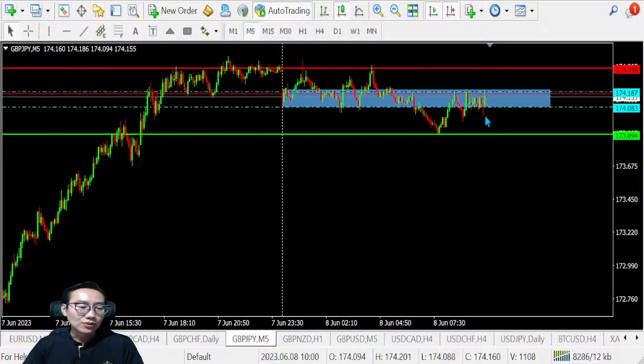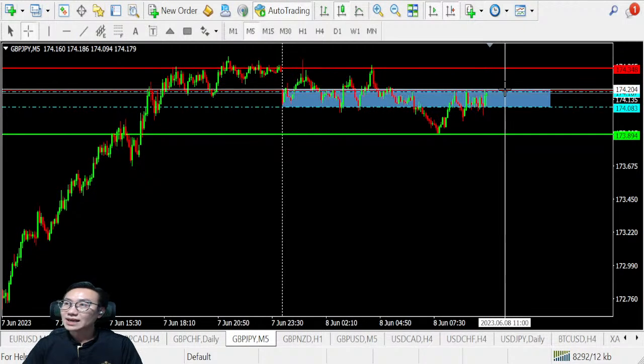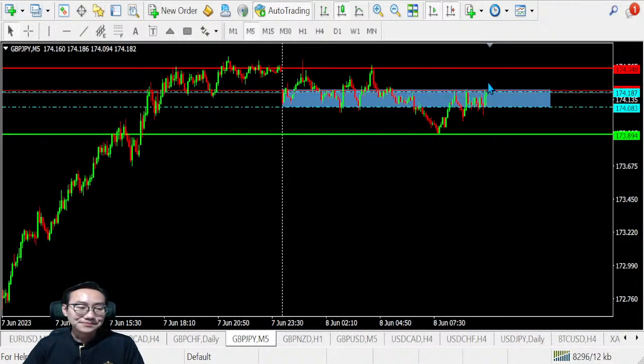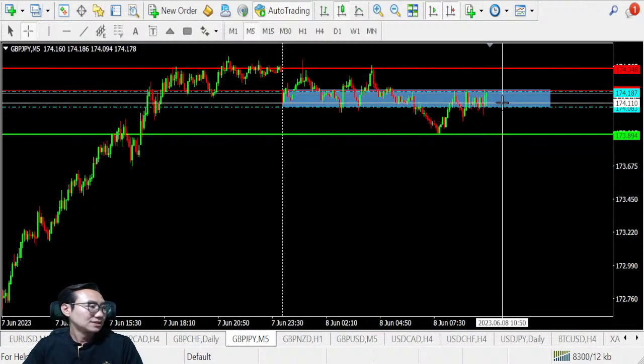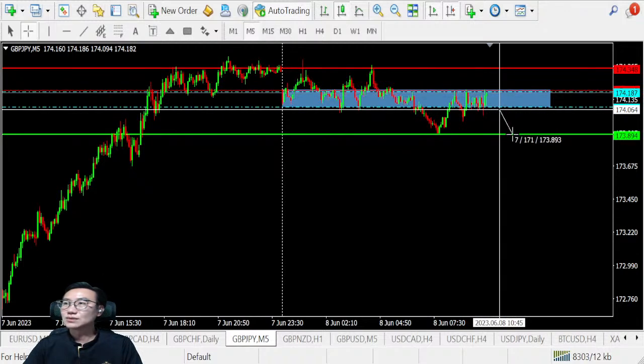So I would rather wait to see if the price is going to break above. Once it closes and breaks above, let's wait for a support retest and continue the buying. That is one good one. Other than that, if this is going to break below, then we retest, and after that retest as a resistance, then we go for the selling.